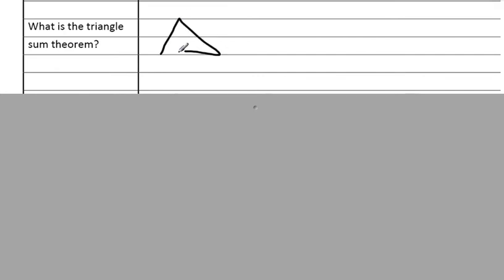So let's say we have a triangle ABC, and I would prefer that you use a ruler to make your nice straight sides. Then the measure of angle A plus the measure of angle B plus the measure of angle C, so add three angles together in a triangle and they will equal 180 degrees.